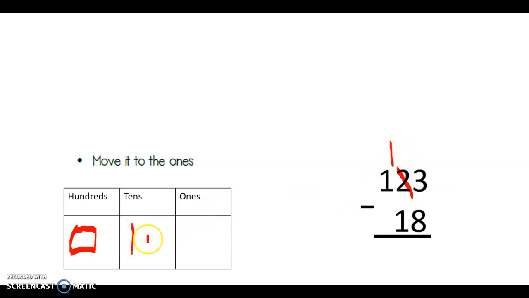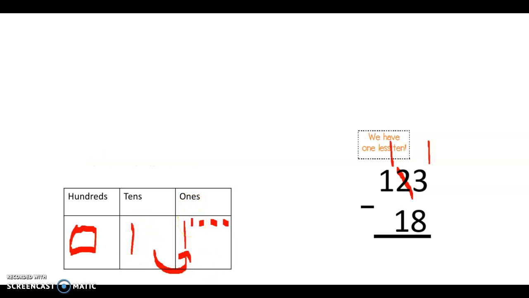So I'm left with 110, and I have just moved the other 10 over to the ones place. And I have my 3 ones. So we have 1 less 10 now because it's been moved over to the ones place.